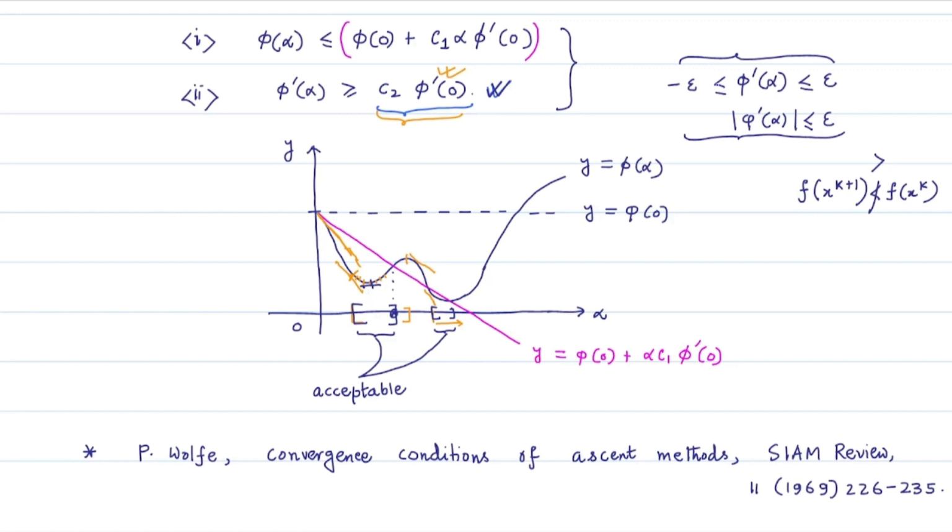So instead of considering just the left hand side in the Wolfe rule, we also consider a safeguard on the right hand side: you choose phi dash alpha to be less than or equal to epsilon, here you consider minus c2 times phi dash 0, and then we can ensure that the step length alpha k is not far away from a stationary point.